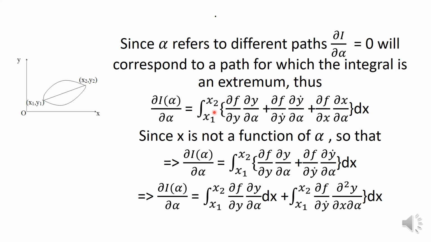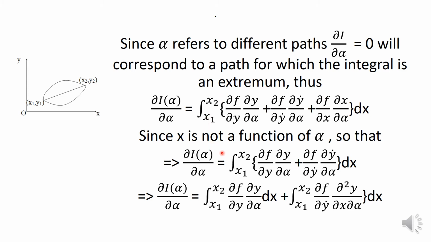Thus del I by del alpha equals integral from x1 to x2 of del f by del y, del y by del alpha, plus del f by del y dot, del y dot by del alpha, plus del f by del x, del x by del alpha, close bracket dx.